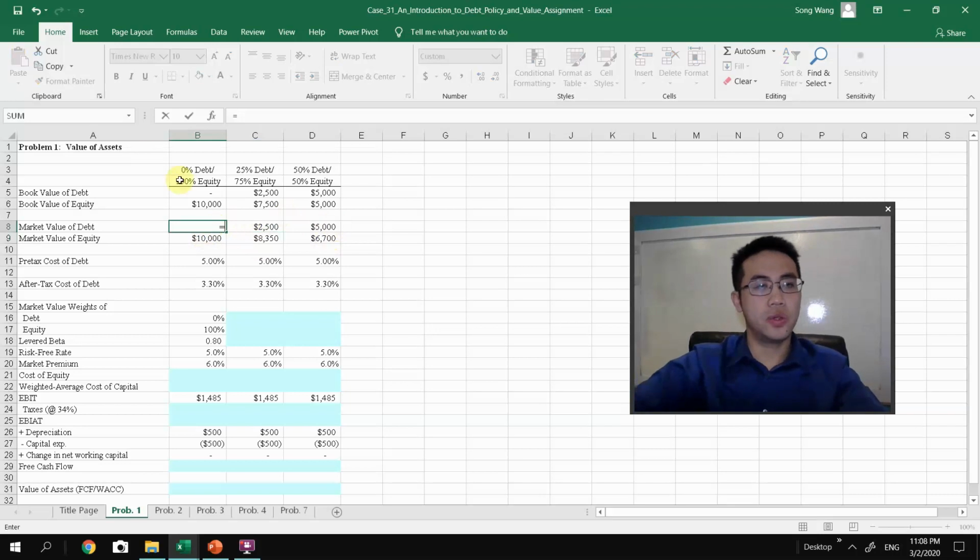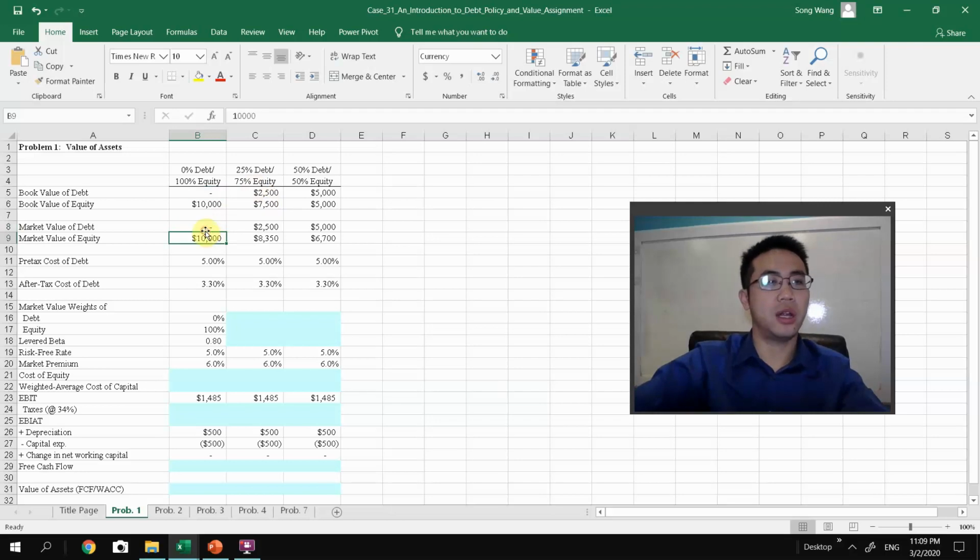So I just use the market value of debt equal to the book value of debt, and then drag it all the way to the right. The number does not change. You can put a dollar sign there and decrease decimals to make it consistent. Right here you have the market value of equity, but we are not prepared to do that yet. So let's just move down.